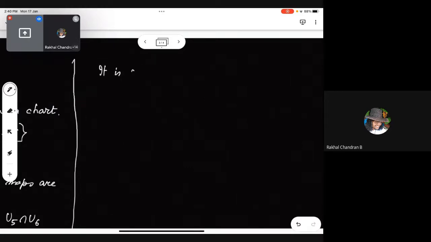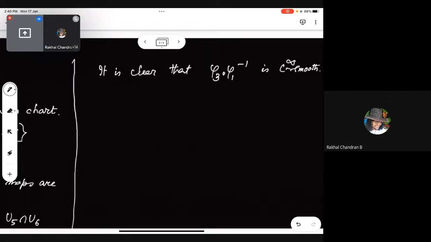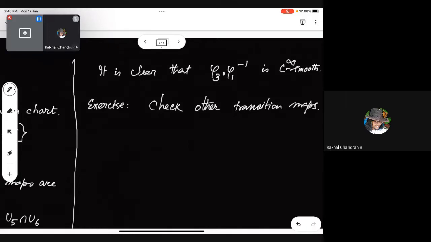It is clear that φ3 compose φ1 inverse is C infinity smooth, right? And the exercise: check the other transition maps. All right. Okay, so I'll stop here.